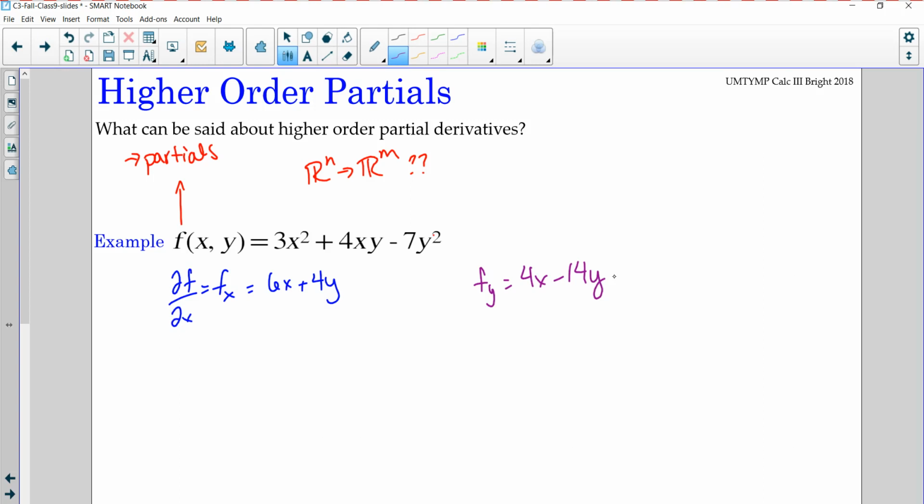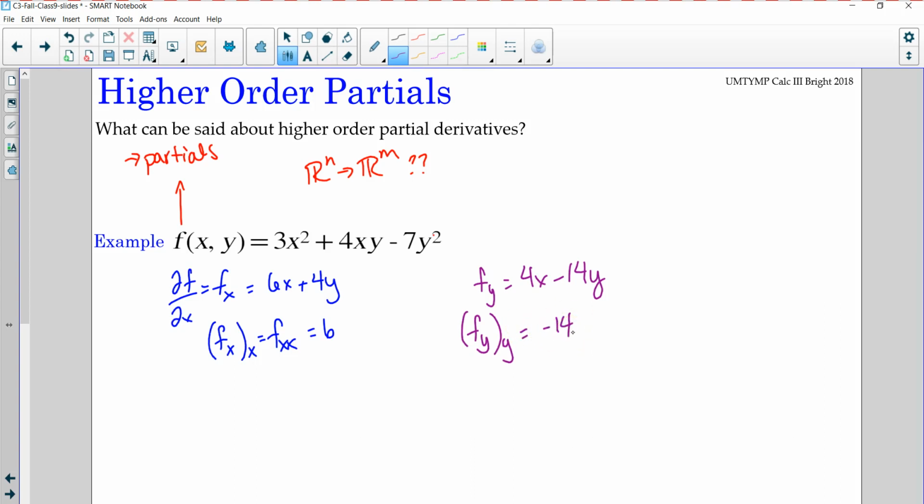But now I can keep differentiating. I can do f sub x, and then differentiate that again with respect to x, which notation-wise we're just going to call f sub double x, and all I get here is 6. I could do the same thing with y, f sub double y, and that's just going to be minus 14.